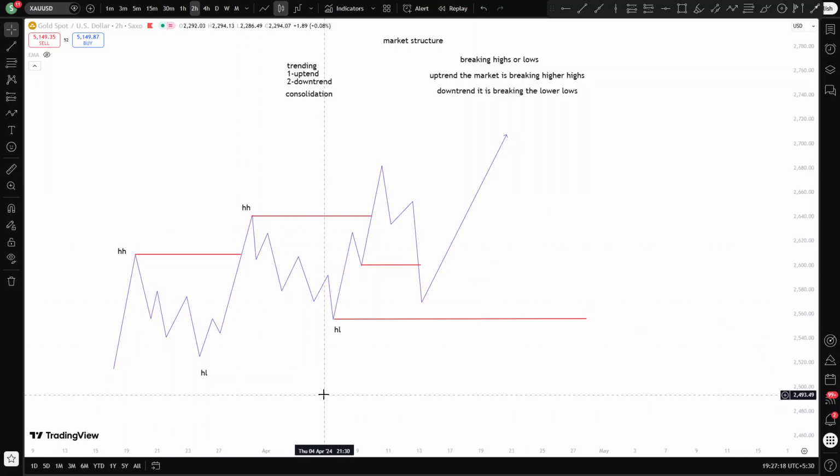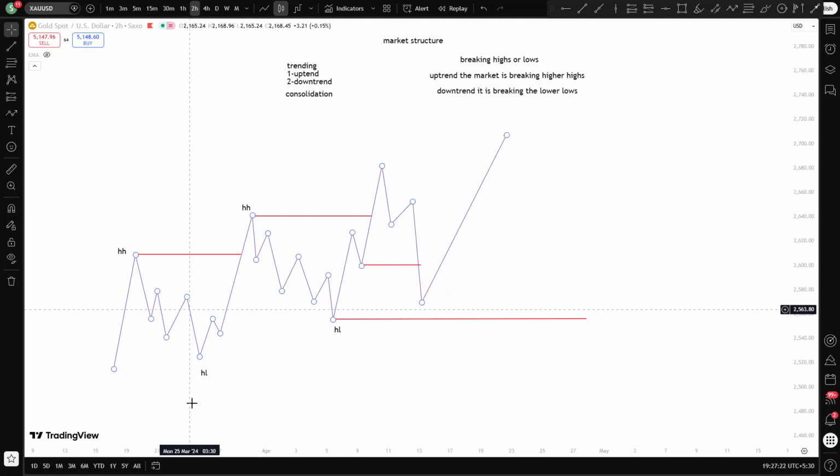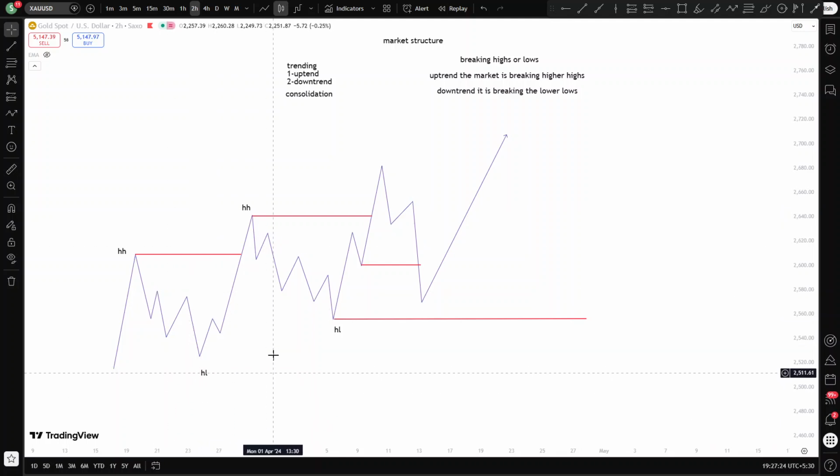Don't mix these two. There is external structure, which has the higher high and the higher low, and whatever is going to be happening in between the higher high and the higher low, everything that is going to be happening inside, it is going to be considered as our internal structure. It's not our external structure.